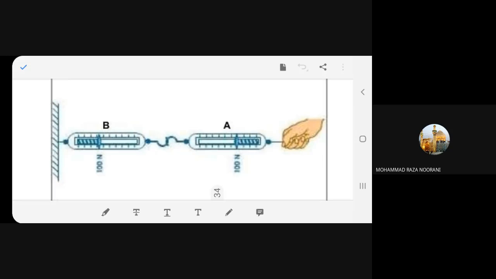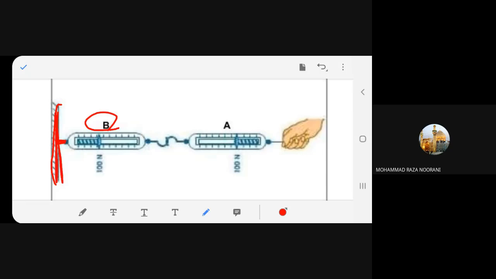This is the activity we learnt. The spring balances are connected over here. Can you see this connection by the hook? Both A and B are connected with the hook. Secondly, B has a rigid support; it is tied to a wall.